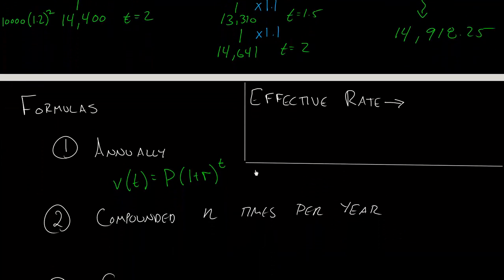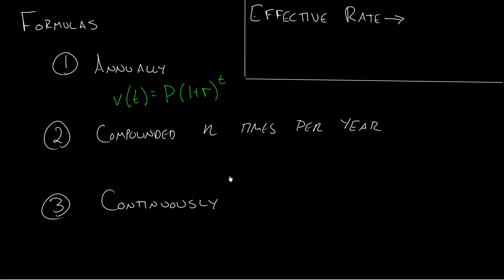The next formula is a little bit harder to link in, but you can do it the same way. It's going to be our value at time t is the principal, the amount I put in first, times 1 plus not just my rate, but my rate divided by the number of times I'm compounding, because this is a nominal rate.